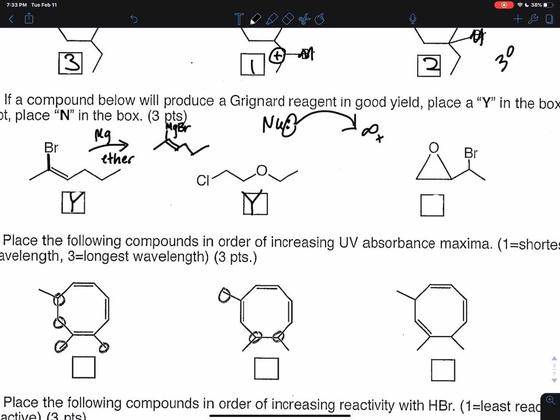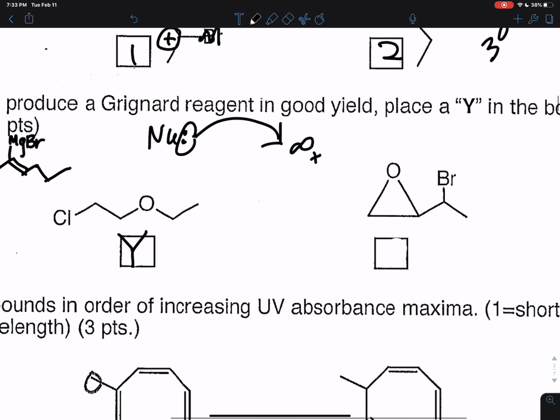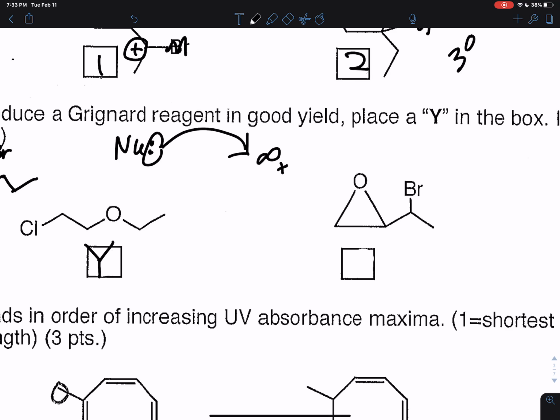The only exception to that rule is if the ether is 4-membered or less. A good example is right here. A Grignard will most definitely react with the epoxide because these carbons are partially positive enough.